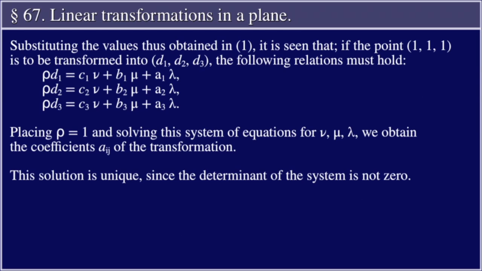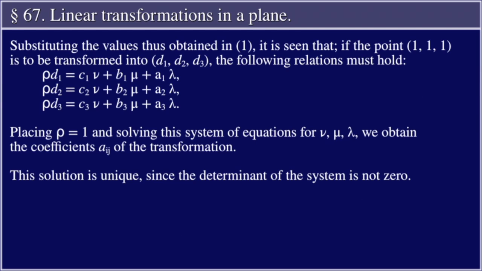Rho D1 is equal to C1 nu plus B1 mu plus A1 lambda. Rho D2 is equal to C2 nu plus B2 mu plus A2 lambda. Rho D3 is equal to C3 nu plus B3 mu plus A3 lambda.